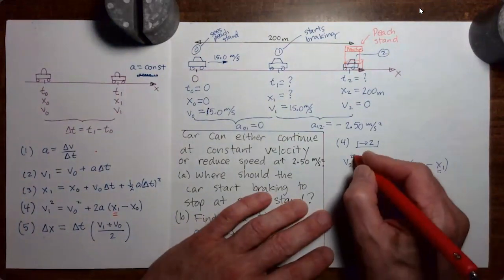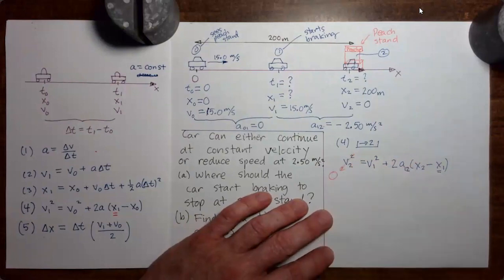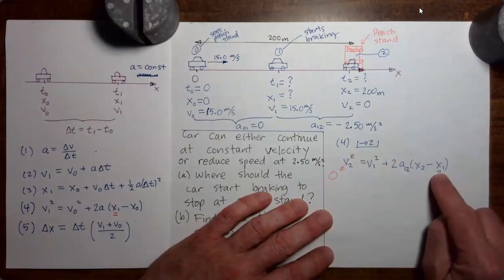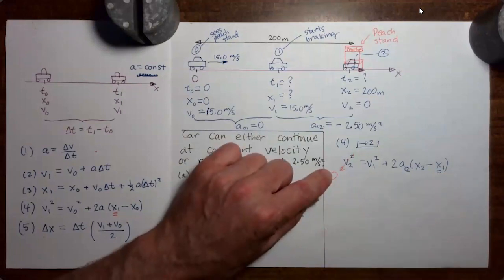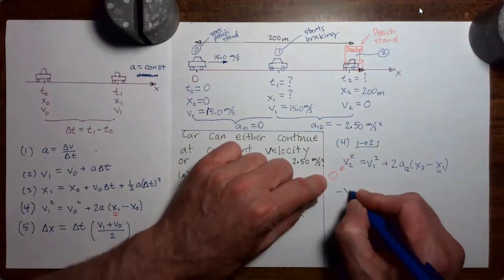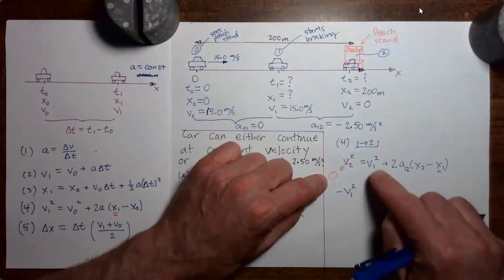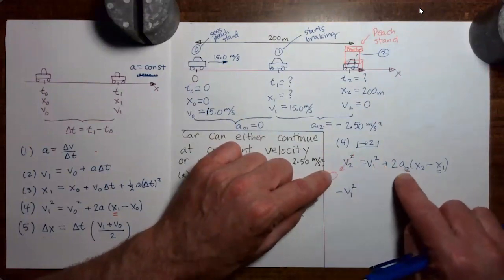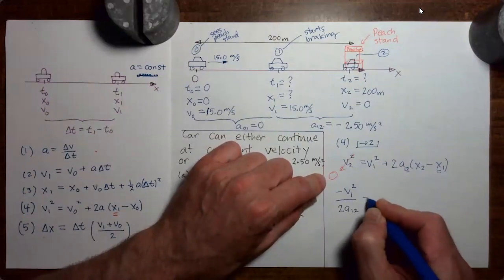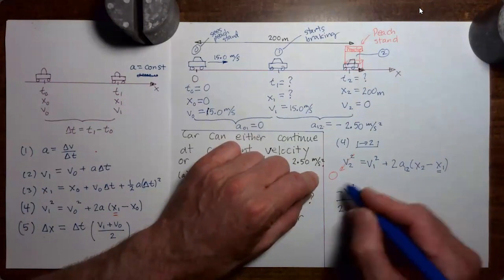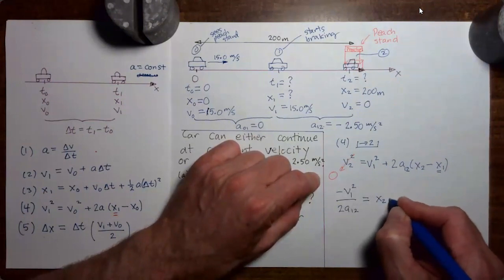Okay, so v2 is 0, so that can go away. Now we're going to start isolating x1. So take that v1 squared and put it on the left where it picks up a minus sign. And after you do that, you can divide through by 2 times a12. And then what we have is that all of this stuff is equal to x2 minus x1.